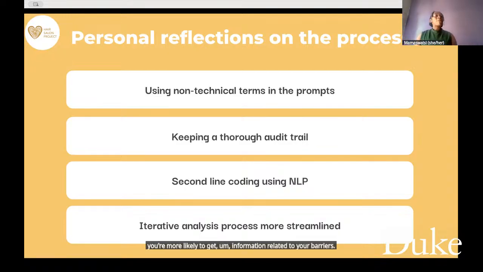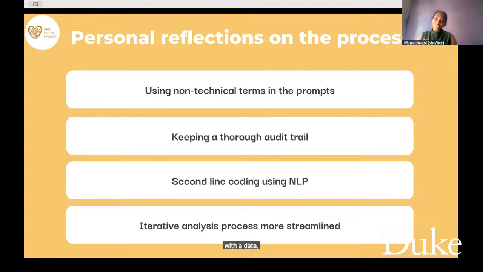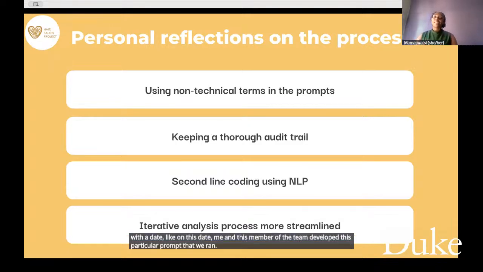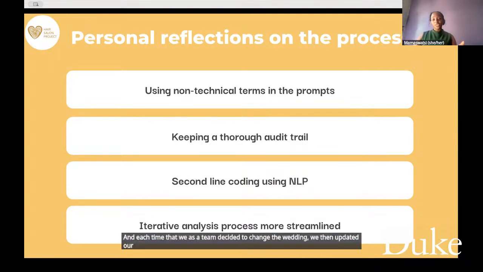Another reflection that I had was that it's very important to keep a thorough audit trail. Every time I developed the prompt, I kept an audit trail with a date, like on this date, me and this member of the team developed this particular prompt that we ran. And each time that we as a team decided to change the wording, we then updated our audit trail to keep track.